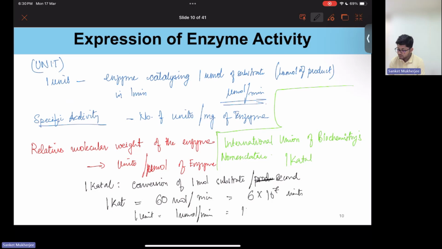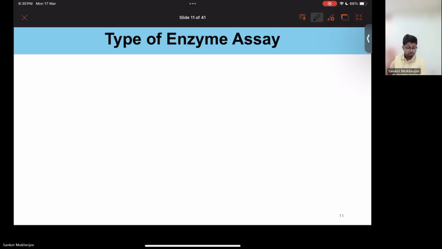That comes down to 16.67 nanokatal. So although this is the recommended unit, it's a very high measurement. So usually, if we do not find enzyme activity in katal, it's always expressed in units most of the time.